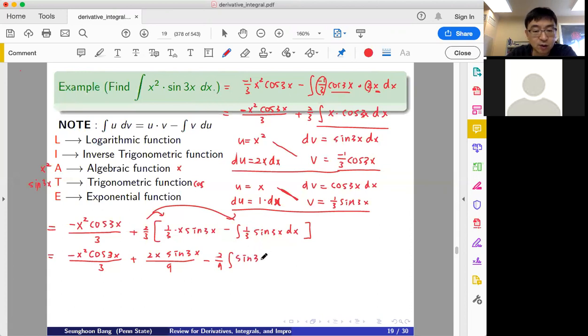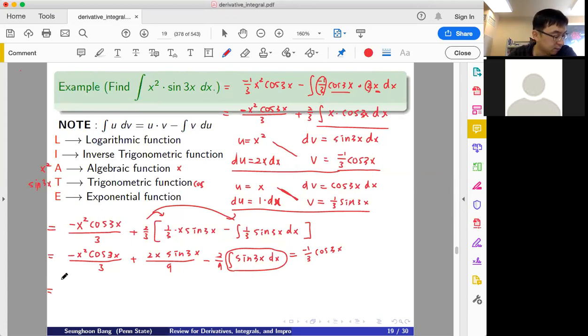Next, calculate the last part. The integral of sine 3x is negative 1/3 cosine 3x.